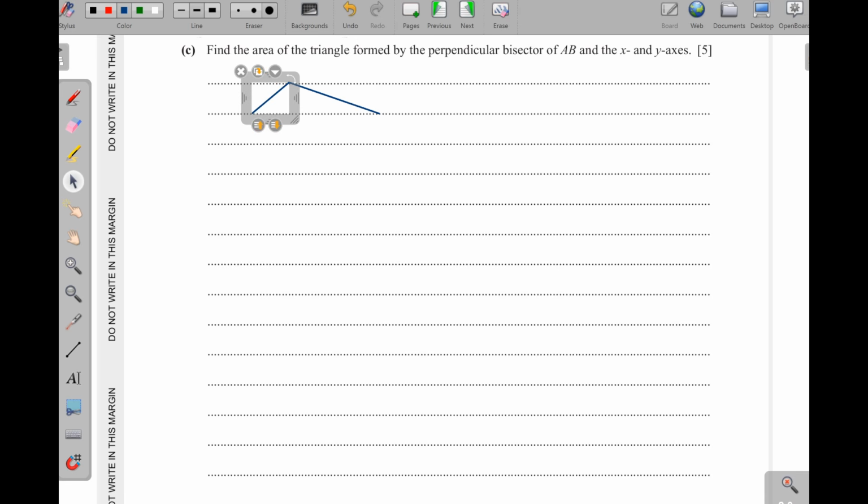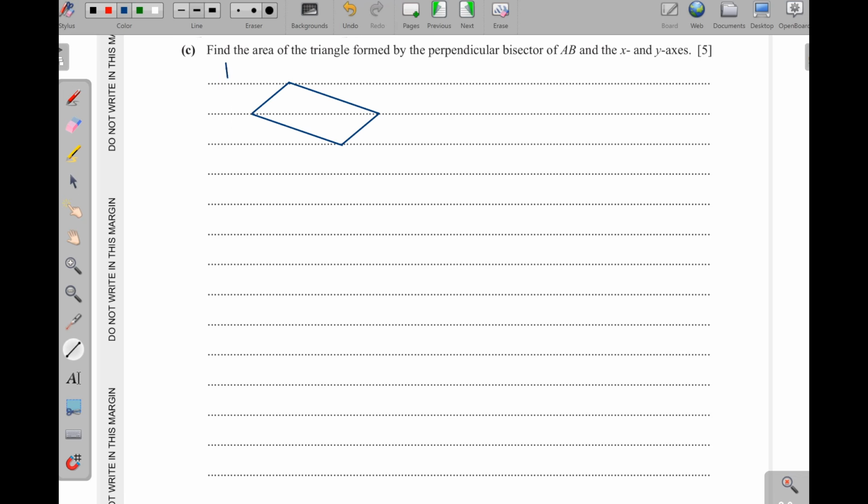Then this one, I put it here, and then this one here, I also put it there. So that is my parallelogram.